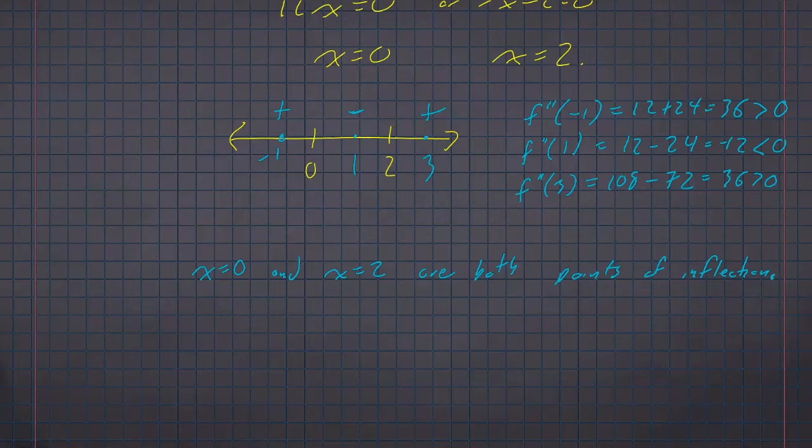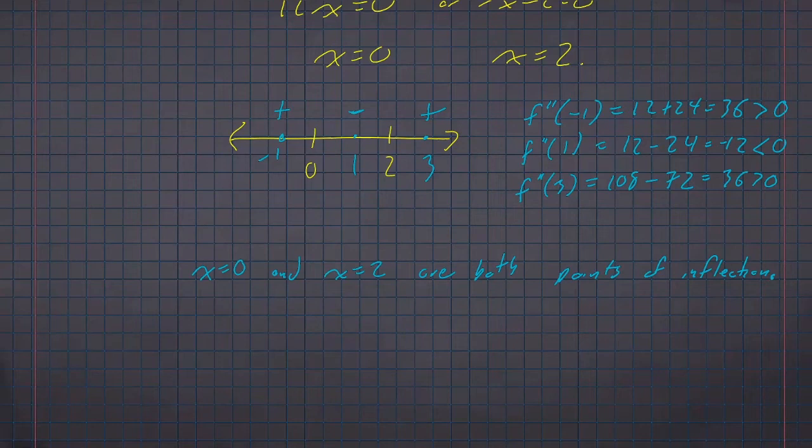Another thing that we can look at here, remember that we said a function is concave up if the derivative is increasing, concave down if the derivative is decreasing. So we can classify that this particular curve is going to be concave upward to the left of 0 and to the right of 2, and concave downward somewhere in the middle.